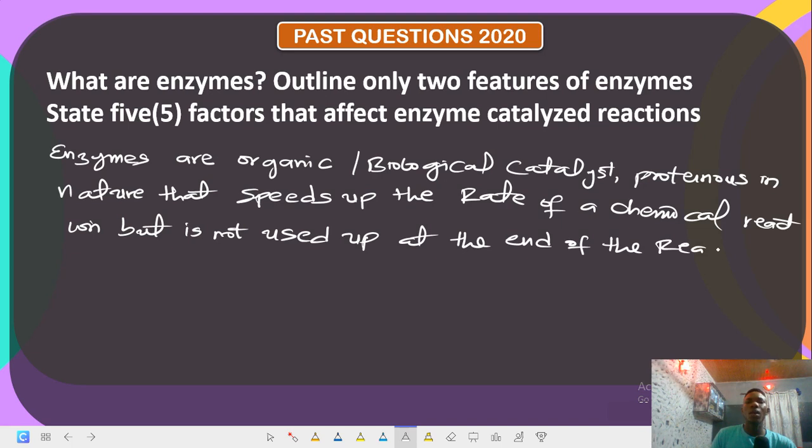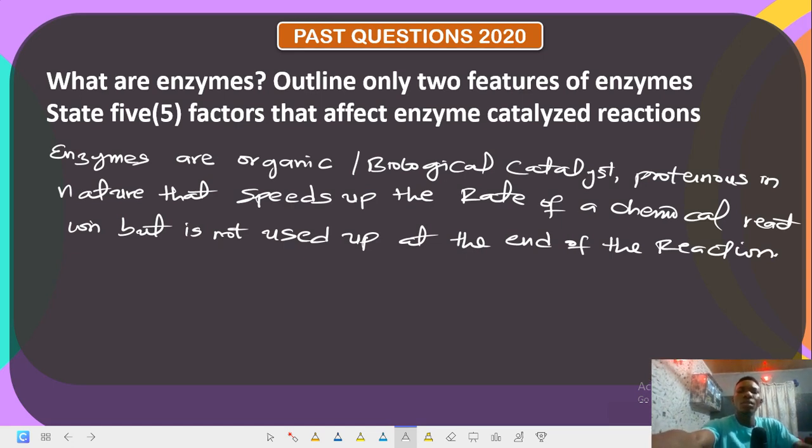So we can say that enzymes are biological or organic catalysts that are proteinous in nature, that speed up the rate of a chemical reaction, but are not used up during the course of the reaction. That is what enzymes are.